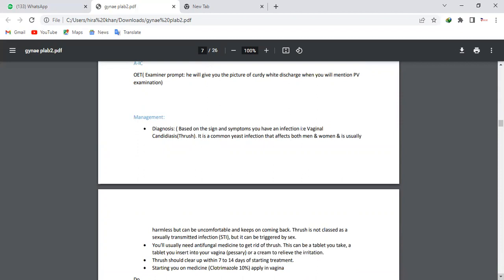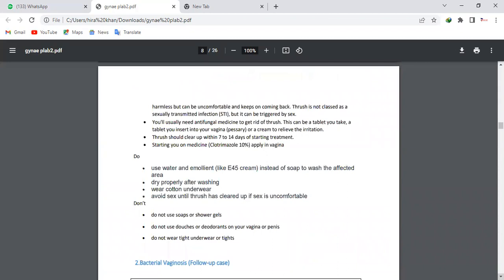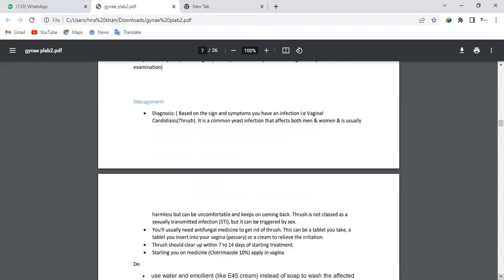First of all, we'll have to make some lifestyle modifications. You told me earlier that you really like taking bubble baths, right? I think that could be a contributing factor towards your condition, because when you use such chemicals on your lower area, it can disrupt the pH and allow certain organisms, certain bugs, to grow there.